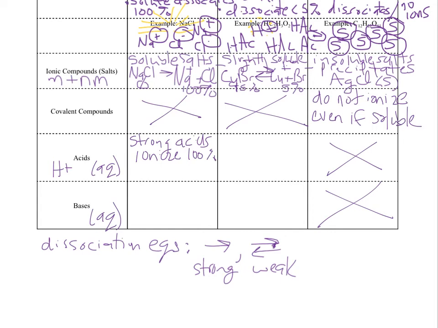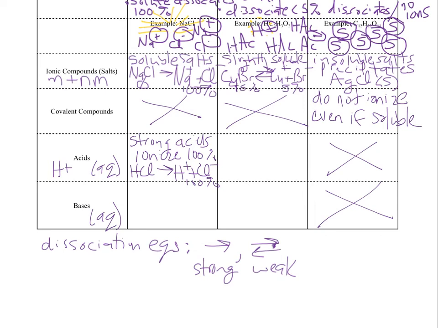We'll take a simple acid like hydrochloric acid, HCl, and we're going to have one arrow because it completely dissociates. There's our H plus, and then there's our Cl minus. That's a minus sign, okay? And remember again, 100% of our solution looks like that.